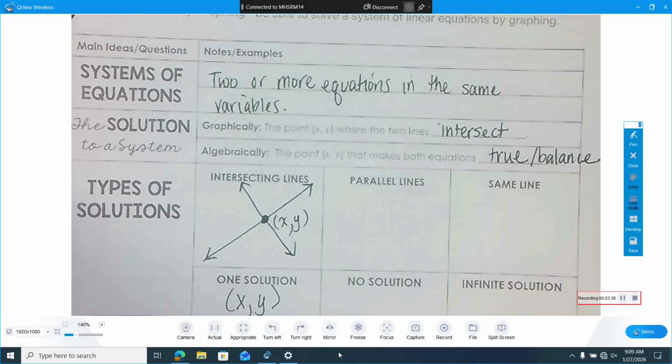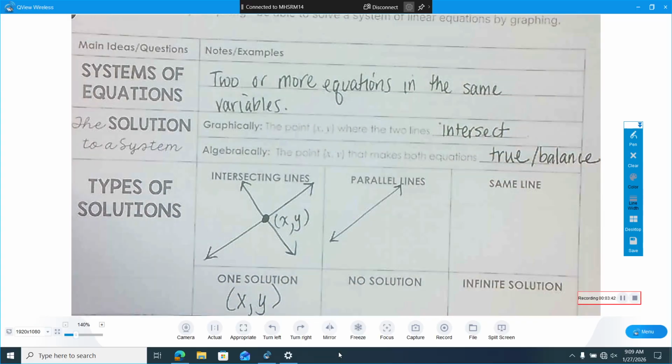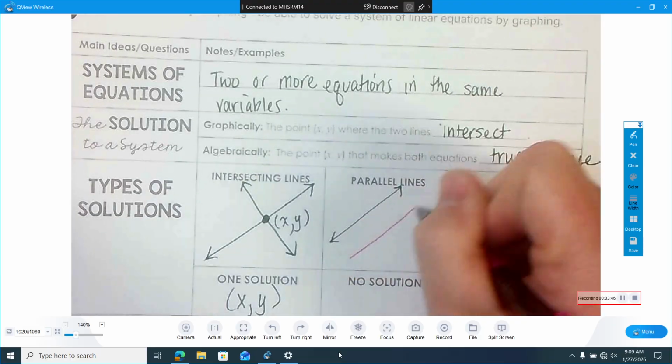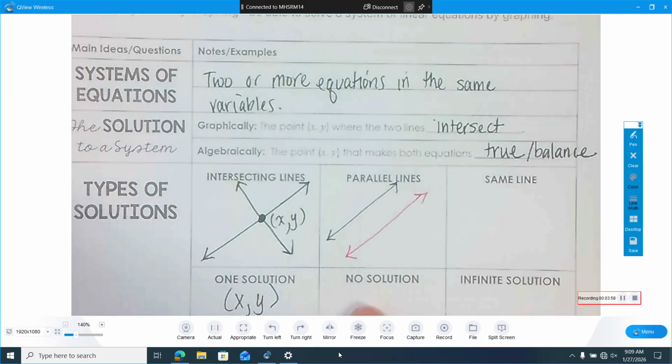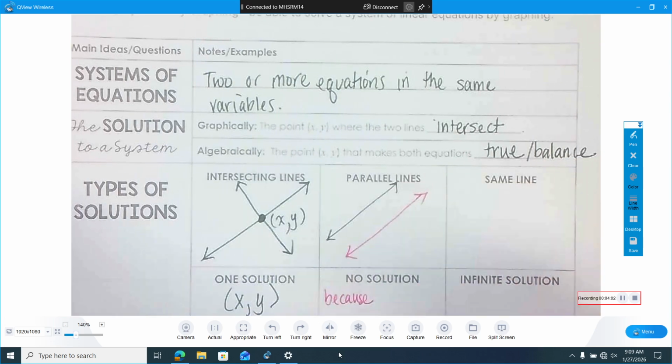But maybe I have one line that goes like this, and I have a second line that goes like this. So here are my two lines. Do they intersect? No, they don't. So do they have a solution? No, they don't. There is no solution because what kinds of lines are these?